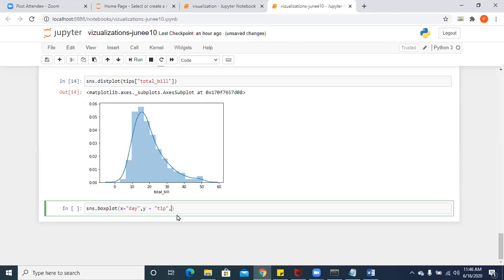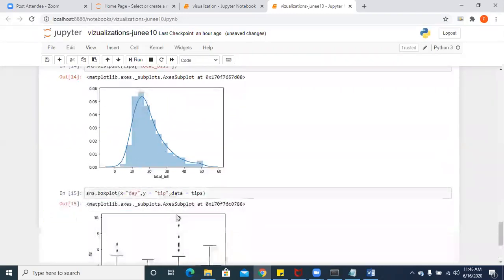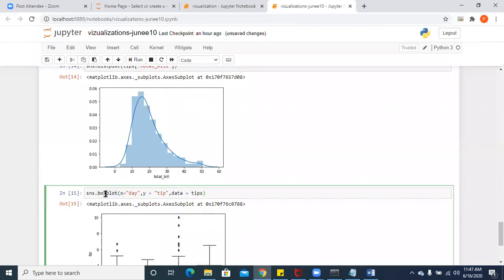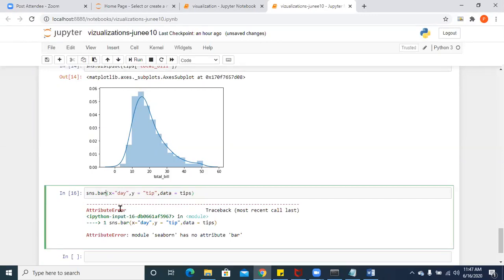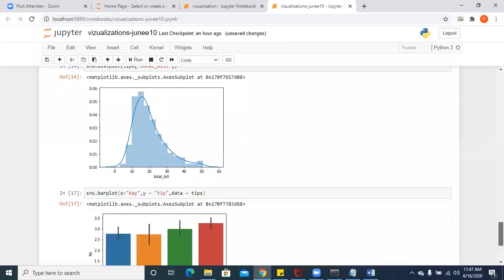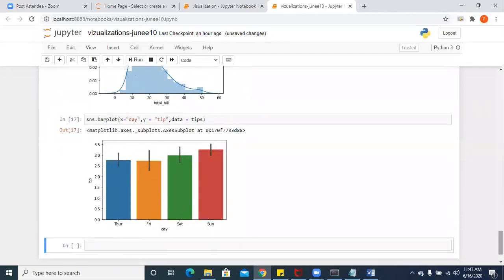You can see anything, but for now, let's see day and tip. Just execute this. I'll show you what box plot is later. Bar plot. So if you see this plot, what can you infer from it, guys?